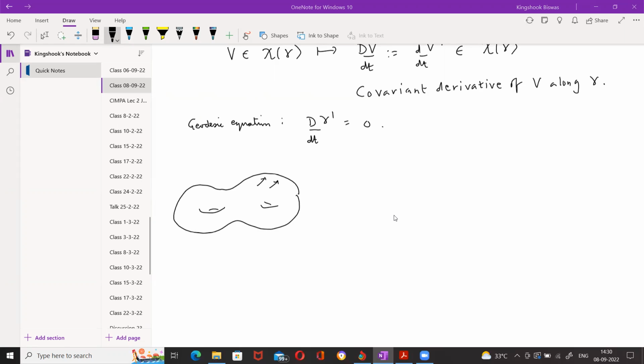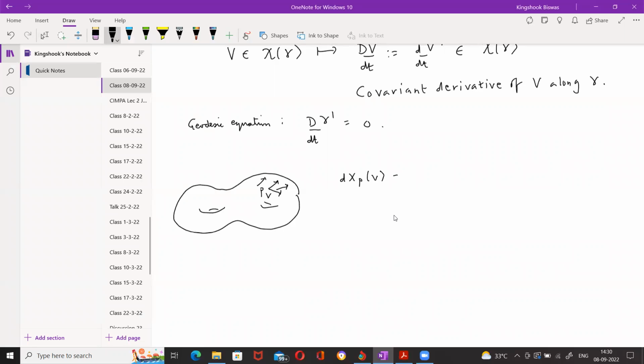And what we're doing is basically, if this is a point P, and this is a vector, say v at P, what will dX_p of v be?